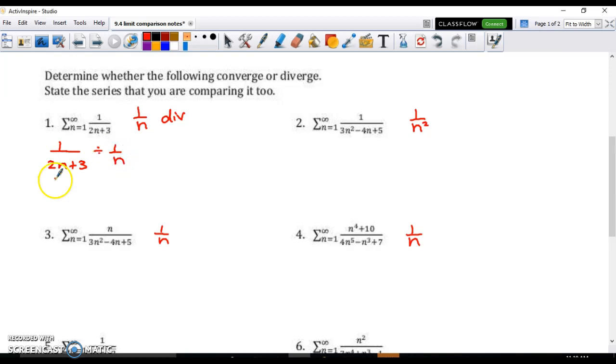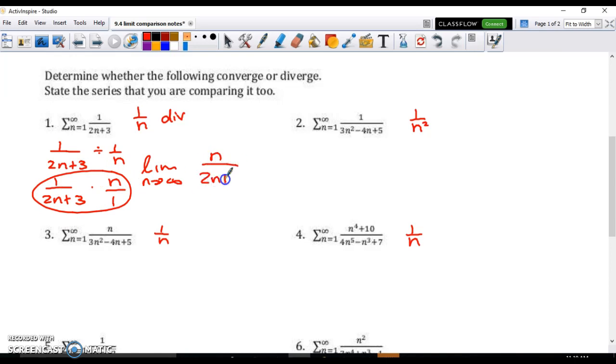When you divide, you're going to flip and multiply. So what I'm actually looking at is the limit as n approaches infinity of n over 2n plus 3. If you look at that, you can just plug in infinity. You're going to get infinity over infinity, so that doesn't work.